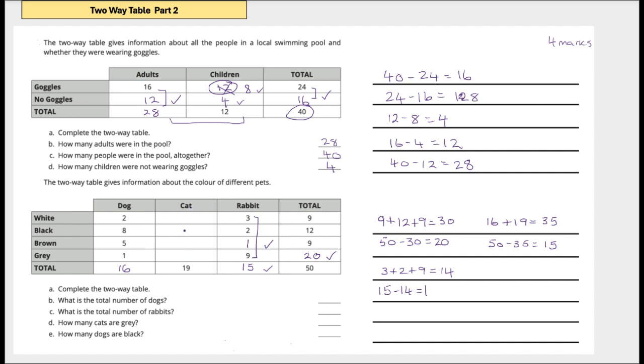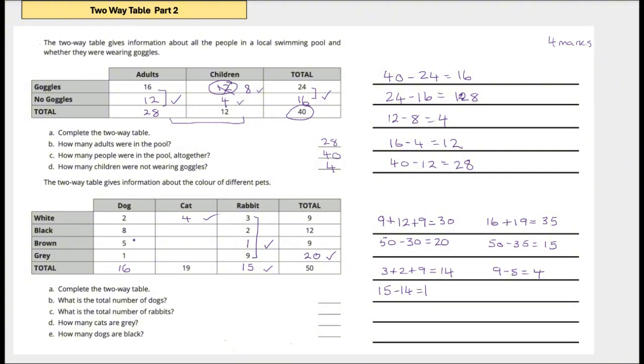So the next one, there's nothing there, but we've got plenty to work with. Let's go across. I've got a white cat. So we've got 2 plus 3 is 5. So 9 minus 5 equals 4. So we know we have 4 white cats. 4, 5, 6, 7, 8, 9. Yeah, that equals.